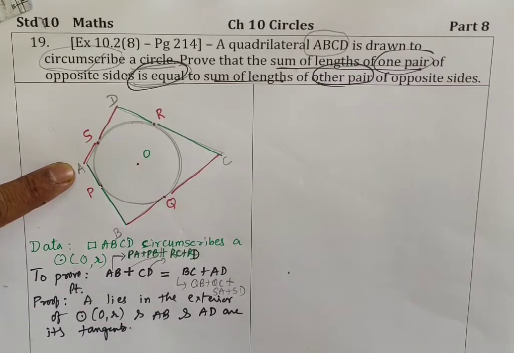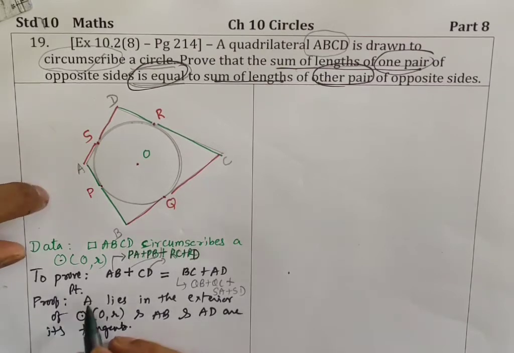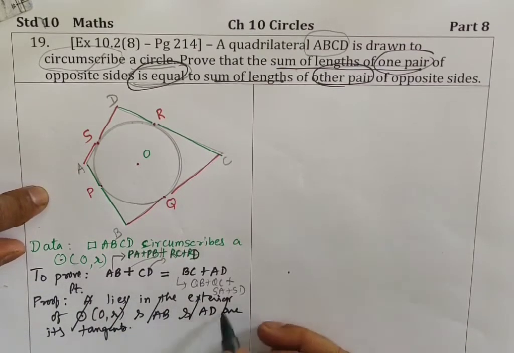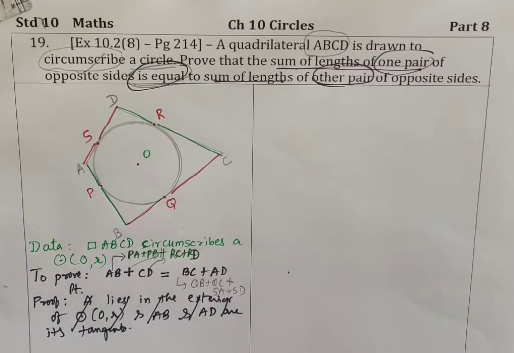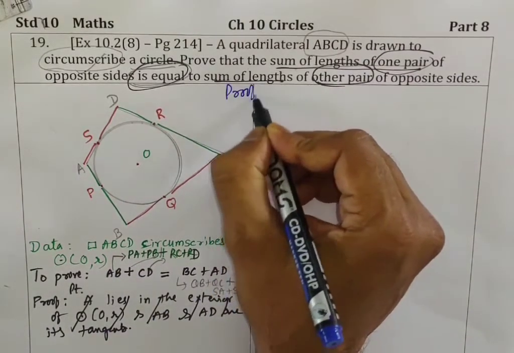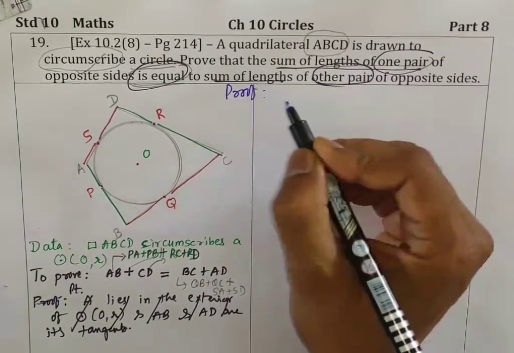Correct? Okay children, I think I should write something else first, so I'll just remove this. We should write the points P, Q, R, S. So proof I start from here. You may cancel this. All right?